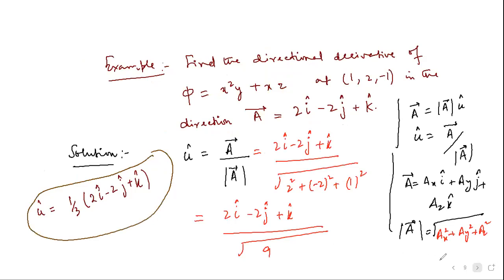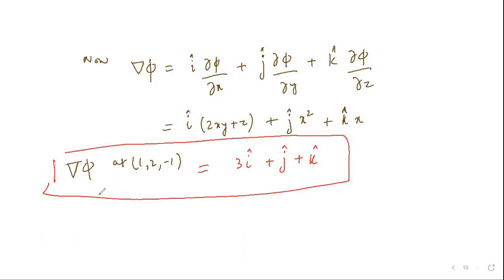Next thing, I have to find the dot product. Therefore, directional derivative of phi at point 1, 2, minus 1 is equal to the dot product of the gradient with the unit vector.